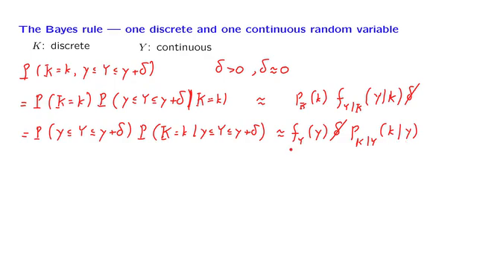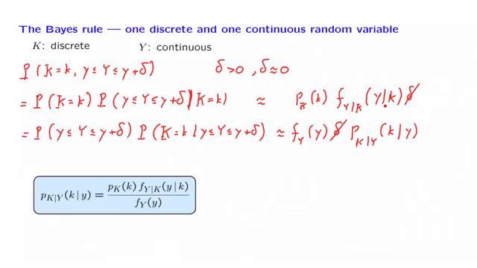At this point, we can take this term and move it to the other side of the equality, so it will go to the denominator, and we obtain this version of the Bayes rule. It gives us the conditional probability of a random variable K given that a certain continuous random variable Y has taken on a specific value.